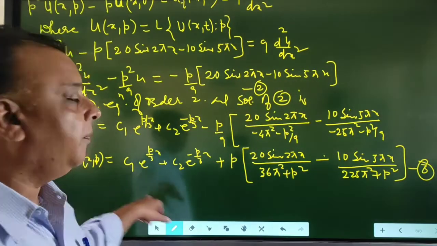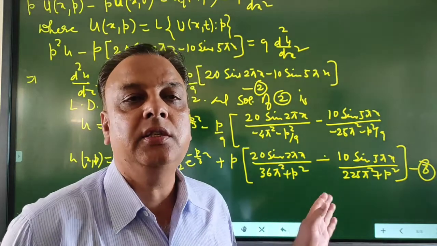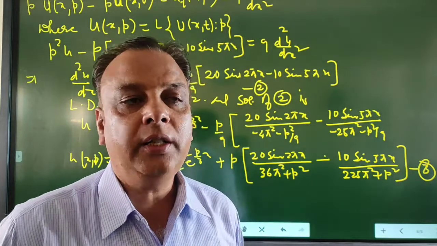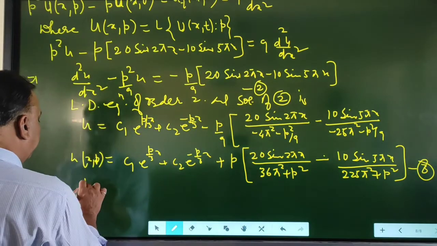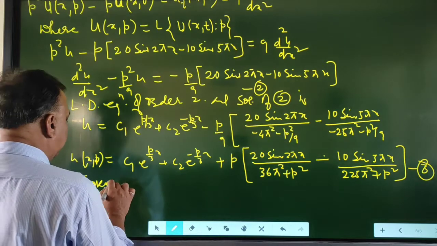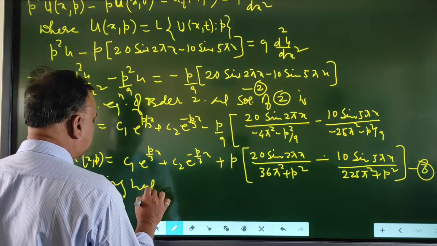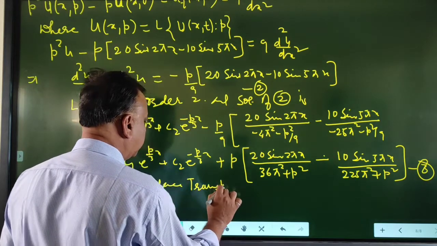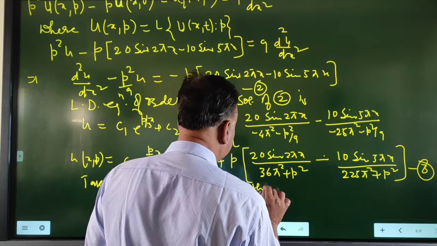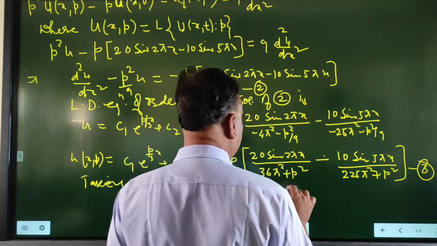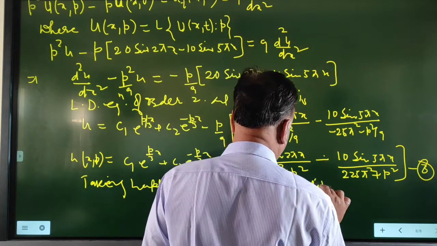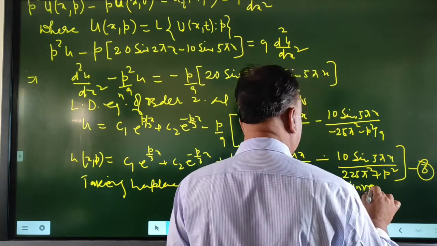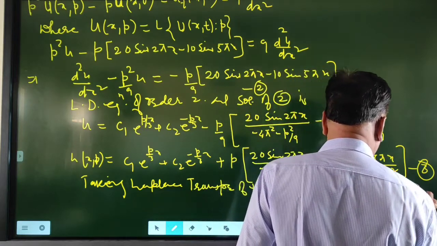Now to find the value of u(x,p), we have to calculate these constants c1, c2. For calculating them, we take the Laplace transformation of those conditions involving t.